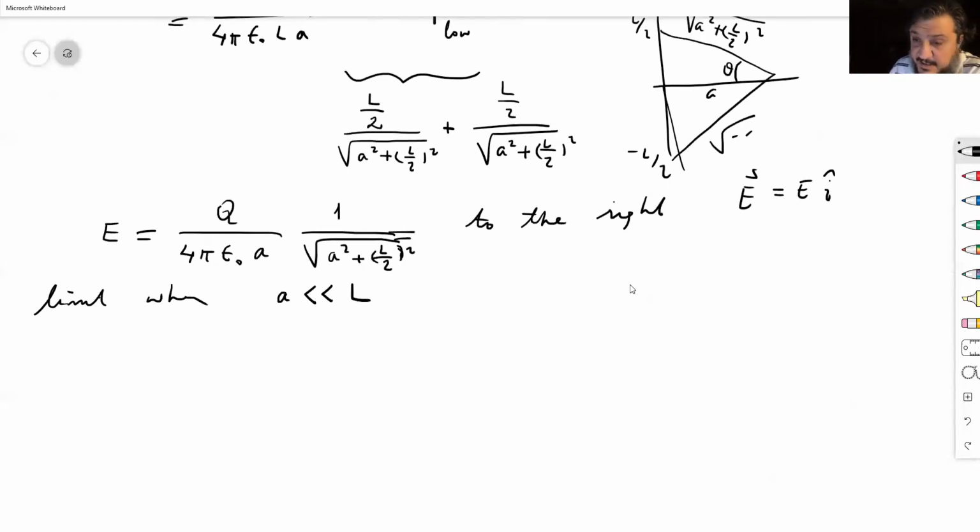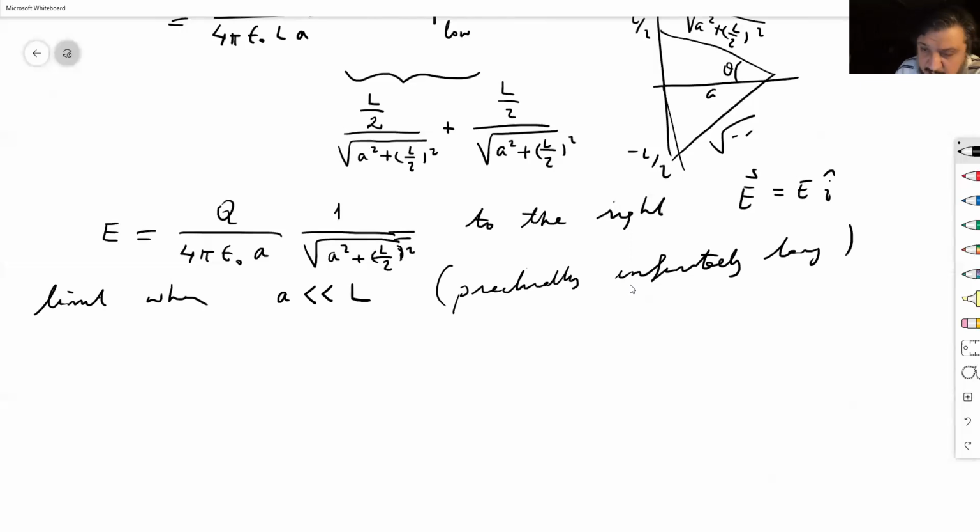This is practically means an infinitely long cylinder, all right?